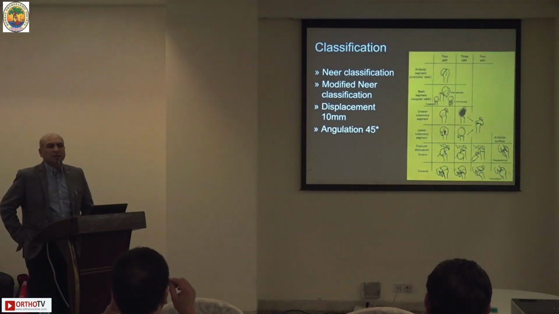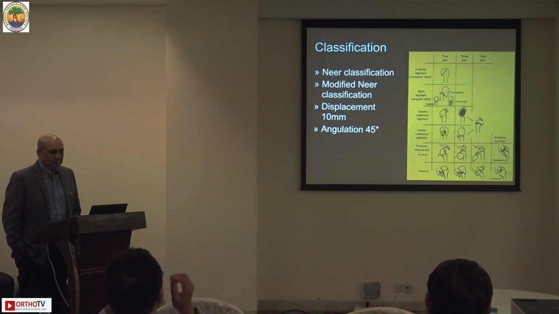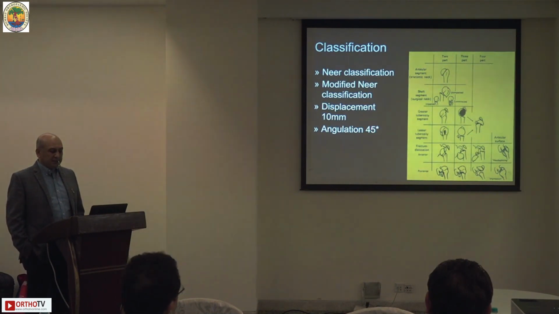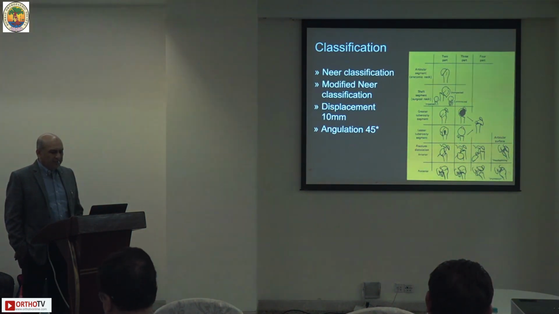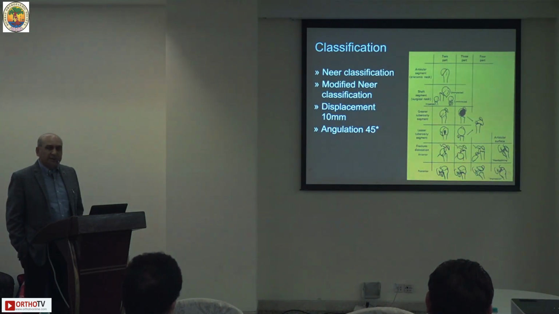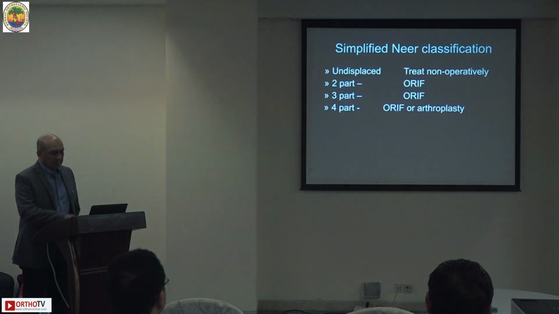So there are two classifications which are commonly used. The commonest one is the Neer classification, which divides shoulder fractures into 2-part, 3-part and 4-part fractures, and they are sub-classified into articular segment, anatomical neck, shaft segment, greater tuberosity fractures, lesser tuberosity fractures, fracture dislocations, and posterior type of fractures.